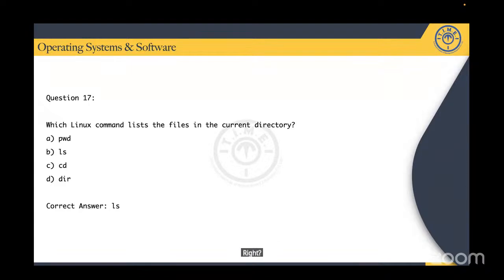I'll repeat. pwd, show path. ls, list files. cd, change directory. dir is a Windows command, not a Linux one.